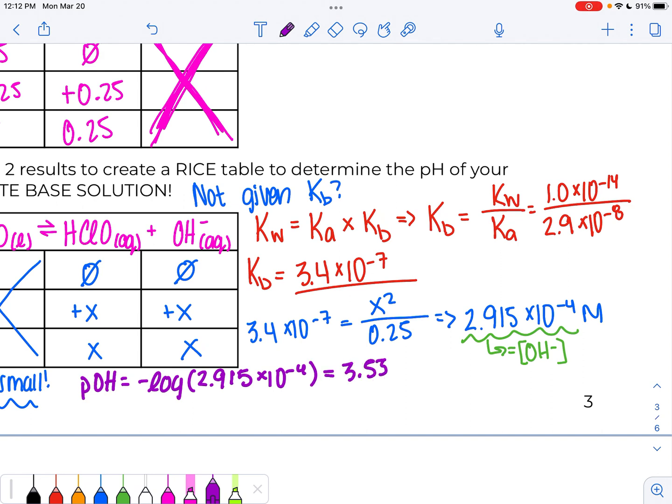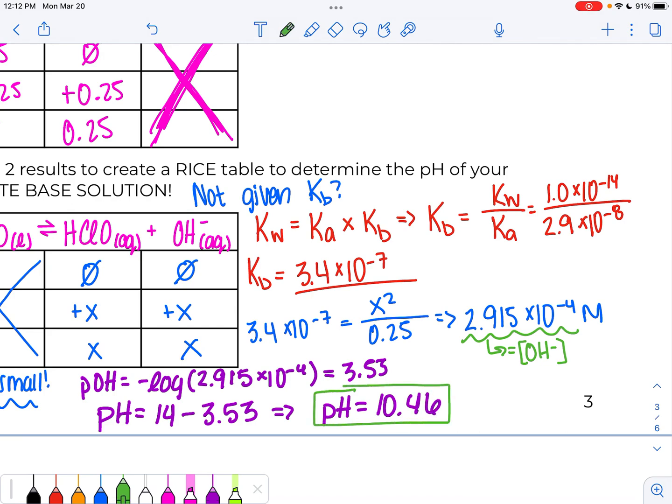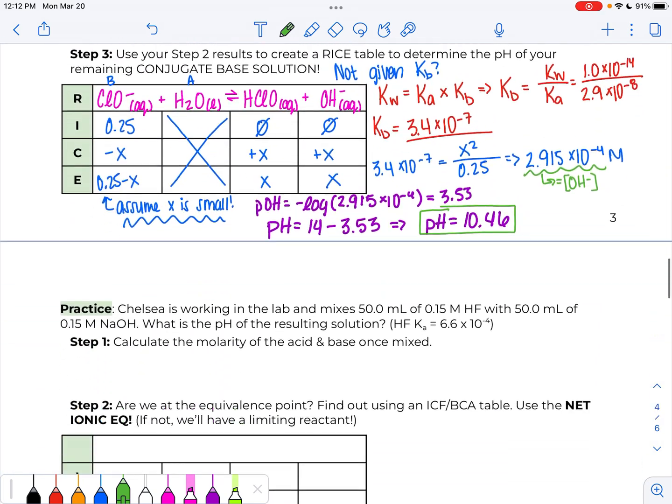I end up with a value of 3.53 after plugging in my calculator. To get pH from this, I take 14 minus my pOH, which is 3.53, and I end up with pH equal to 10.46. Put a box around it, and you're done.